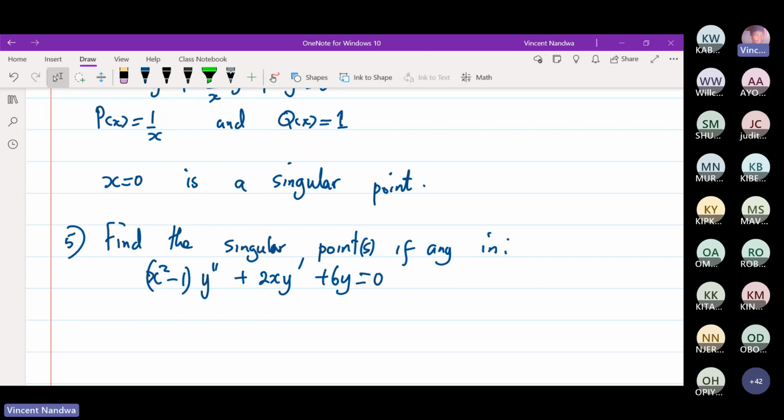The trick is to convert the equation into standard form and then reason out the points where the function becomes discontinuous. That will help you get the singular points.